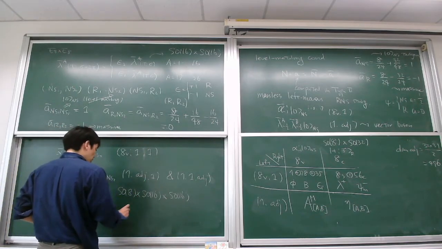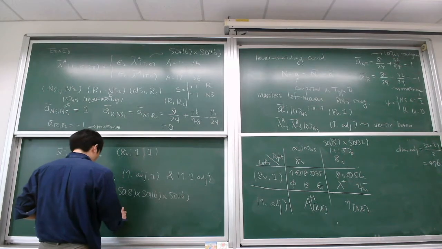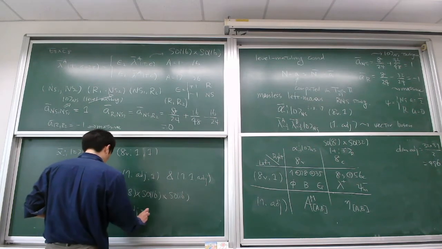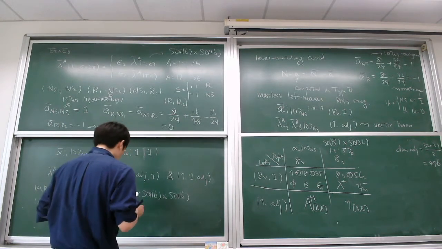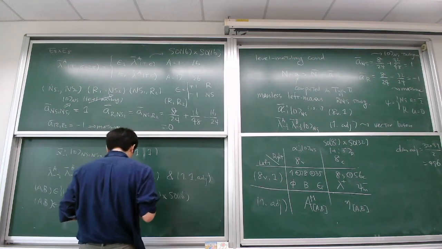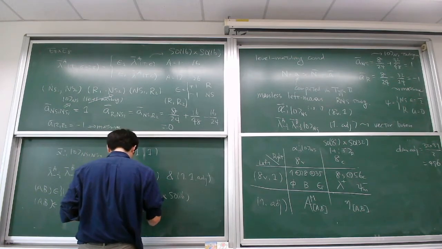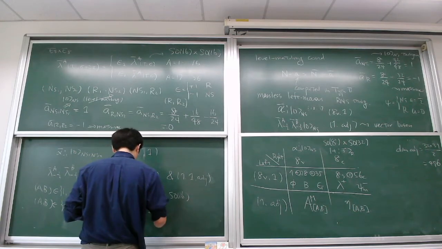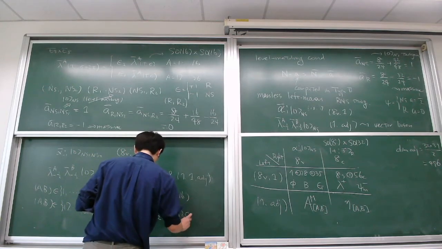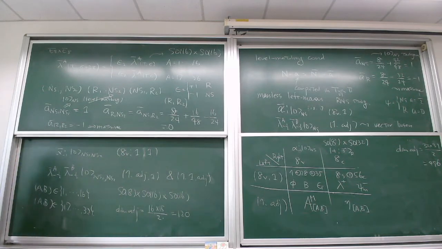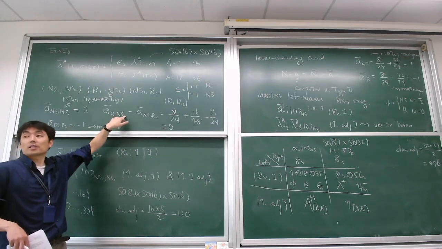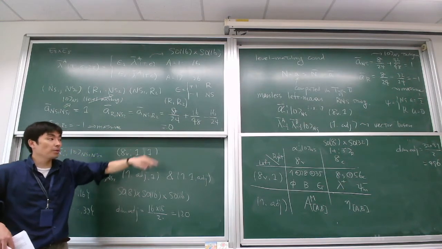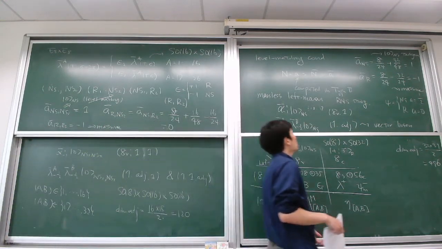So its dimension, SO16 plus SO16, is indeed equal to the 120 dimensions. But however, you have to be careful. There's another ground state given from the mixture of Ramond and S. Okay, so there is some ground state appearing here, and you need to take into account this ground state.